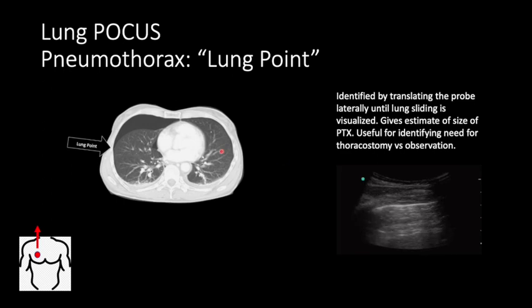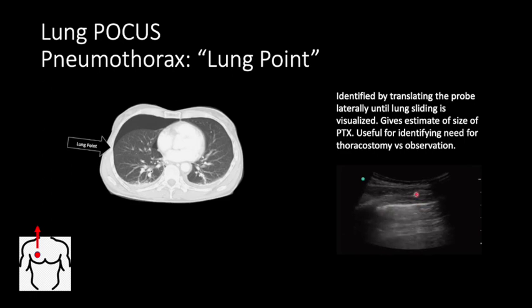So another maneuver that you can do if you do diagnose a pneumothorax is actually take your probe and slide it laterally along the chest wall until you start to see the return of the pleural shimmer. And so here, what we're able to see in this clip on the image on the right is there's actually a point at which the lung that's in contact with the chest wall comes into view with the respiratory cycle, and then it retracts underneath this rib again, and we lose sight of it.